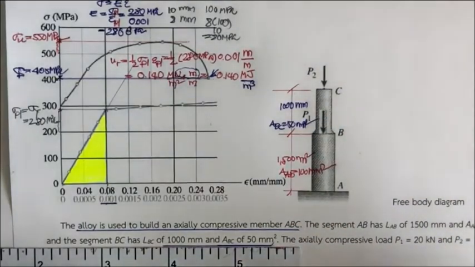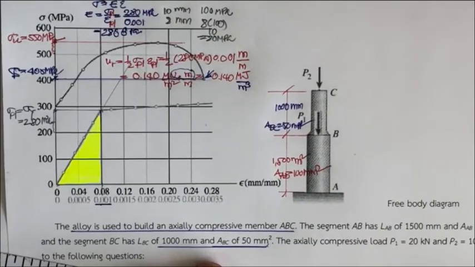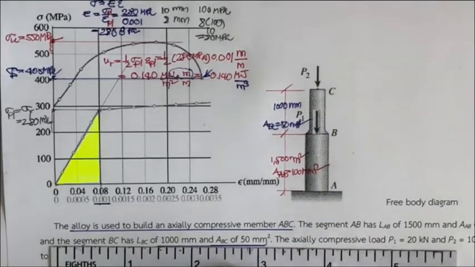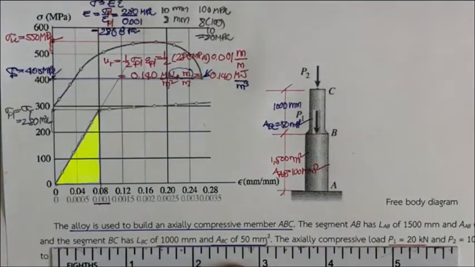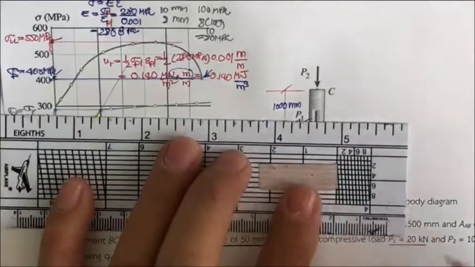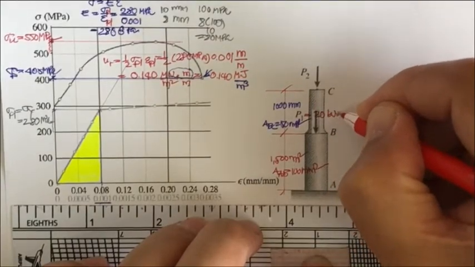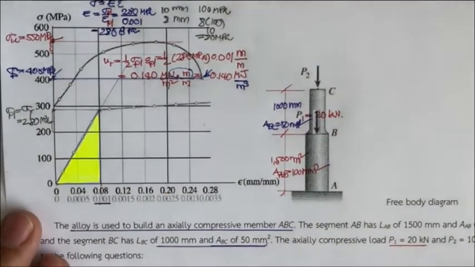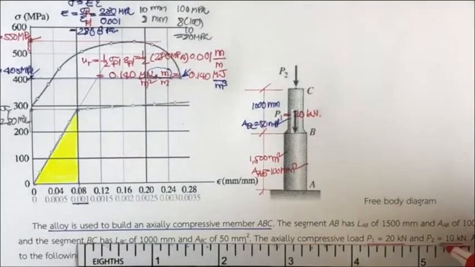The compressive load that acts on this axially compressive member, P1, is 20 kilonewton, and P2 is 10 kilonewton.